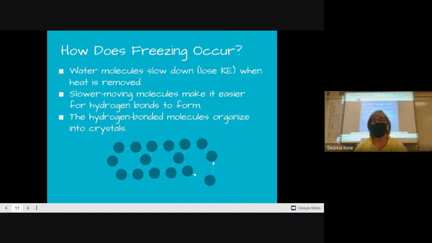And again, that heat is in the form of kinetic energy, or the energy of motion. And so if we're removing kinetic energy, the particles slow down. And when they're slower moving, it makes them easier to bond together using those hydrogen bonds.